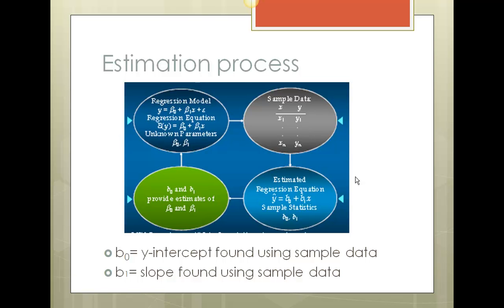So that can get a little bit frustrating. But again, beta or B, we're referring to the same basic idea. So beta 0 or B0 will be your y-intercept. B0 is your y-intercept using your sample data, and B1 is your slope found using your sample data, and it's used to make a prediction about beta 1, your slope for the overall population.